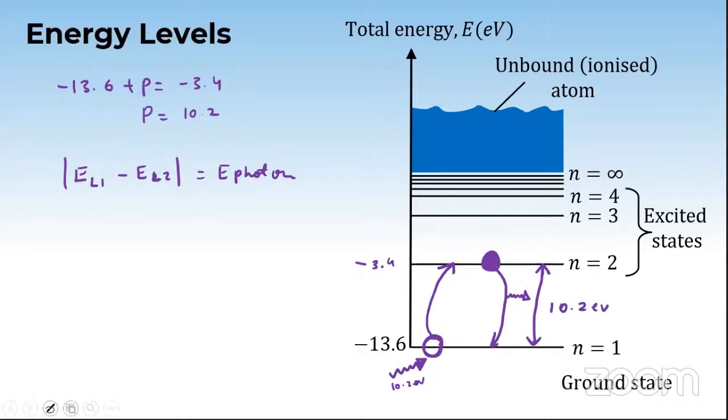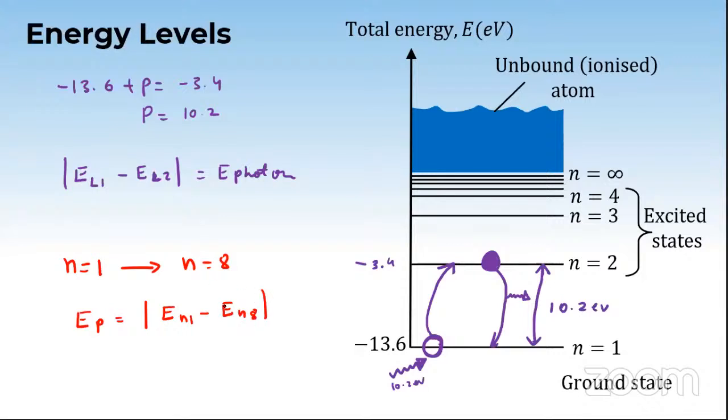For example, they might ask you a question: how much energy should I provide to send the electron from the first orbit to the eighth orbit? Then what will you do? You know that the energy of the photon is equal to the modulus of the energy of the first orbit minus the modulus of the energy of the eighth orbit.